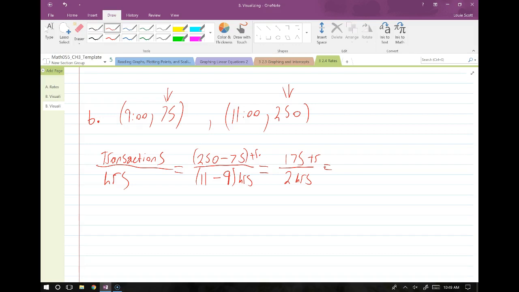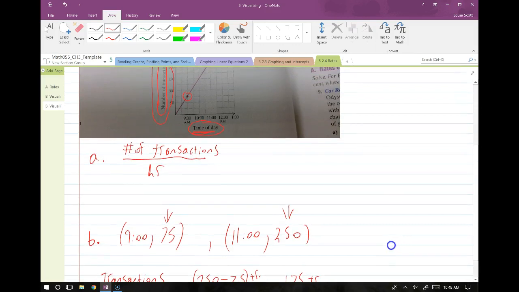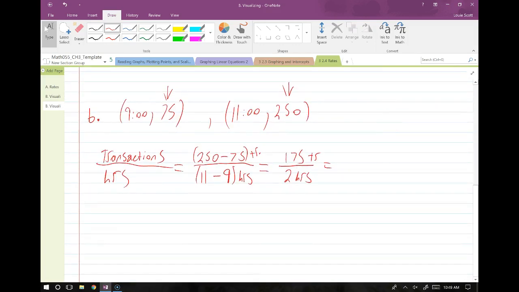Now we just divide it and give the decimal form: 175 divided by 2 gives us 87.5. So it's 87.5 transactions per 1 hour, and that's our final rate.